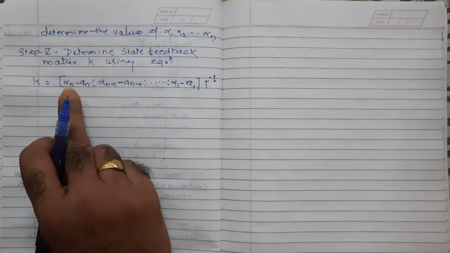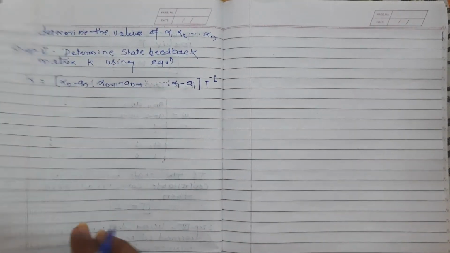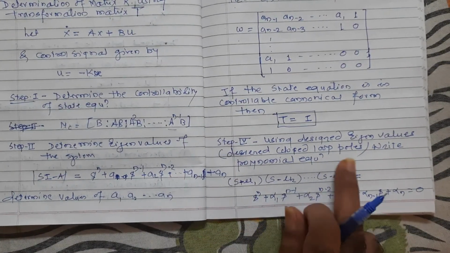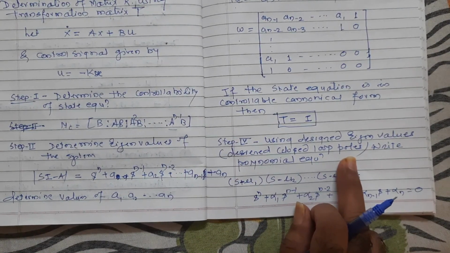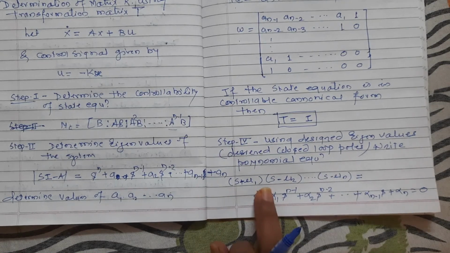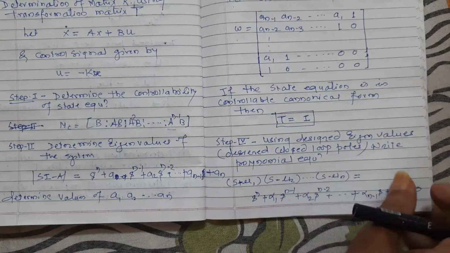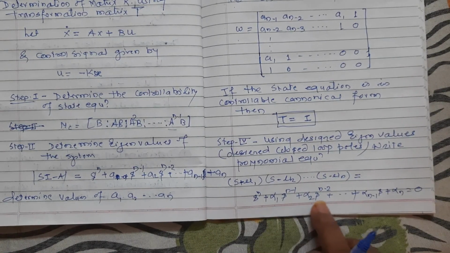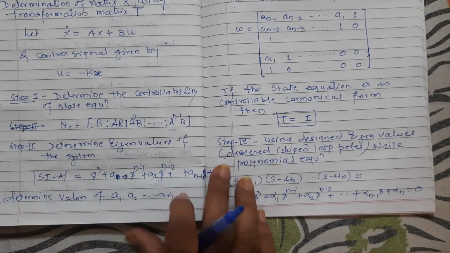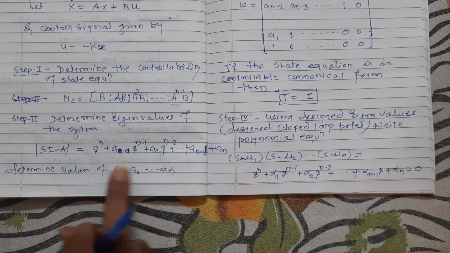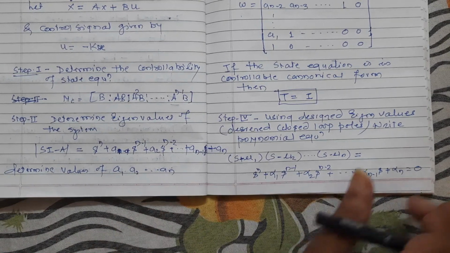See here, we have determined alpha 1, alpha 2 from our desired location of the poles. From these we get the values of alpha 1, alpha 2 up to alpha n, and from sI minus A we get the values of a1, a2 up to an.